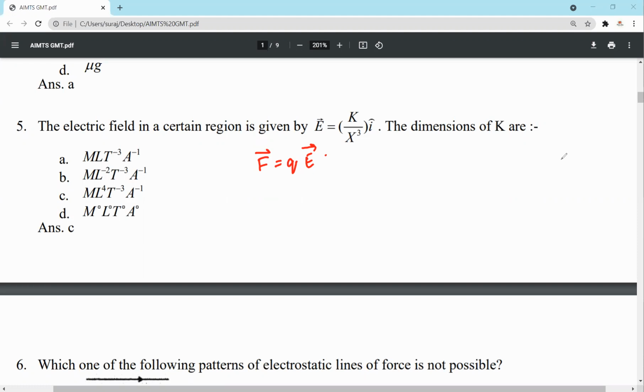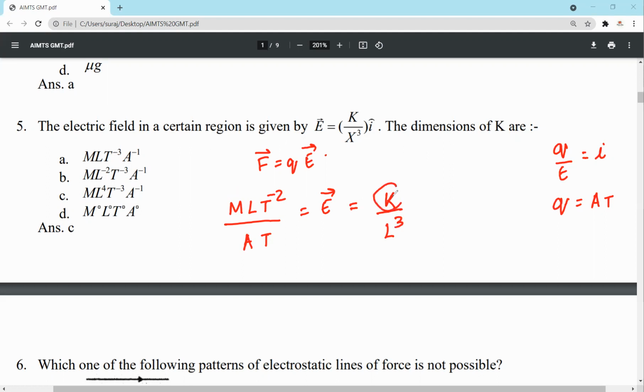Charge, what is the dimension of charge? See, this is current, ampere, right? Dimension of charge will be ampere times second, or A T. This is the dimension of charge. So force is mass into acceleration, M L T minus 2, divided by charge A T, equals E. Now this is given equal to K by x cube. x cube I'll just take as L cube.